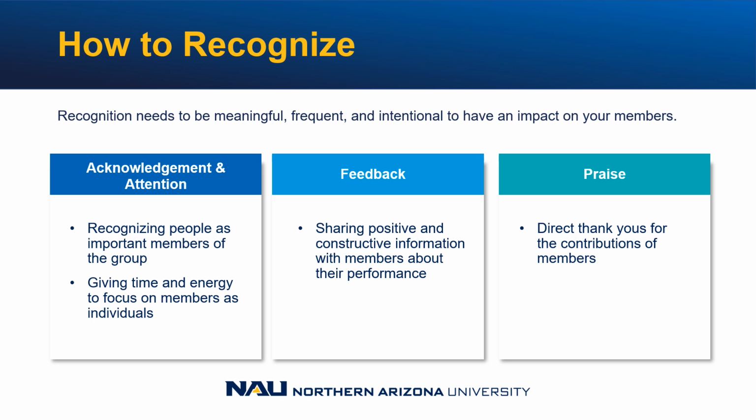Recognize people as important members of your group and focus on members as individuals, investing time and energy into this process. The second one is feedback. Share positive and constructive information with members about their performance. And finally, praise. Provide direct thank yous for the contributions of members. Thank you so much for showing up to every meeting. Without members like you, we wouldn't be as great of an organization as we are.